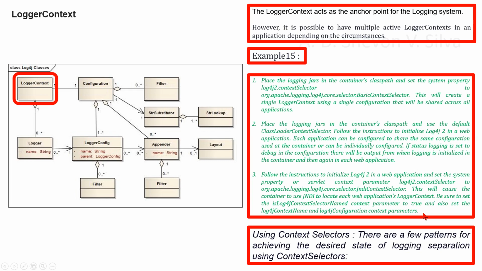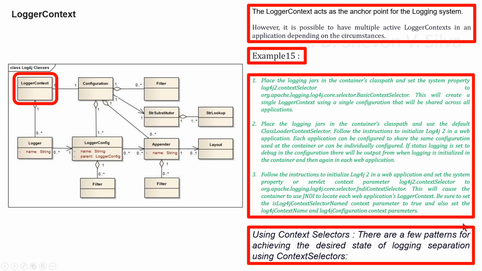Be sure to set the isLog4jContextSelectorNamed context parameter to true and also set the log4jContextName and log4jConfiguration context parameters. The JNDI context selector will not work unless log4j2.enableJndi=true is set as a system property or environment variable.